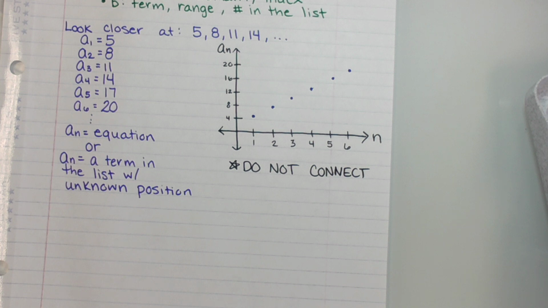I don't know exactly what that point is, but for sake of argument, let's call it 4.5. In sequence, that means we have the 4.5 position. If I'm giving you a number in a list, is there a number in the 4.5 spot? No. Do not connect them.